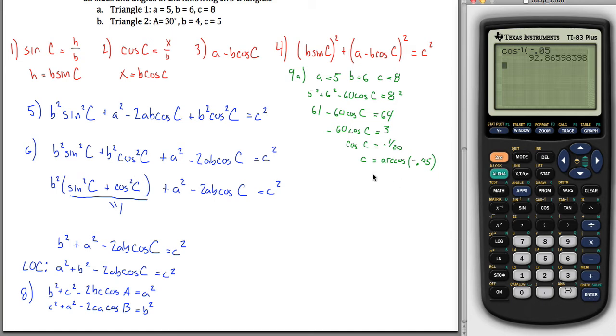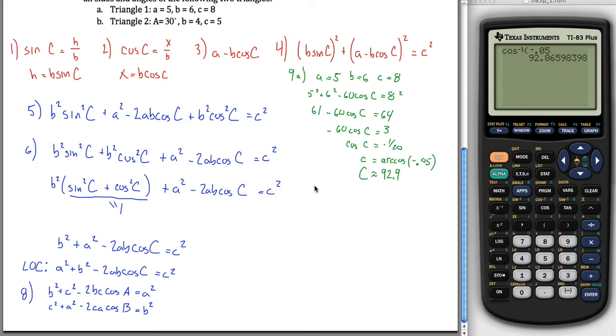And what that tells me is that C is approximately 92 point, how many decimals do you want? 1? Sure, 92.9 degrees. Okay, so C is 92.9 degrees.